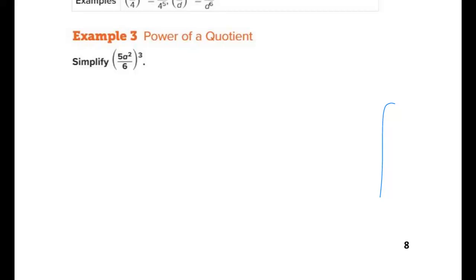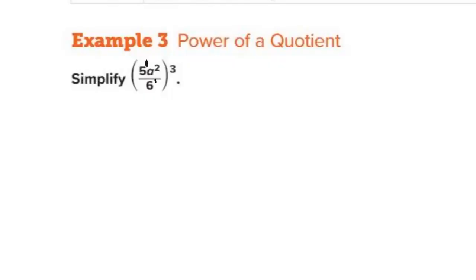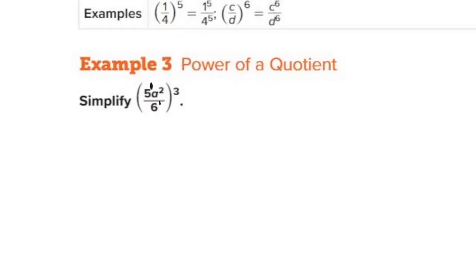Okay? So first of all, if you don't see an exponent, put a 1 on it. So the 5 is 5 to the first, a squared divided by 6 to the first power. This 3 on the outside gets multiplied by every exponent, even the one in the denominator.